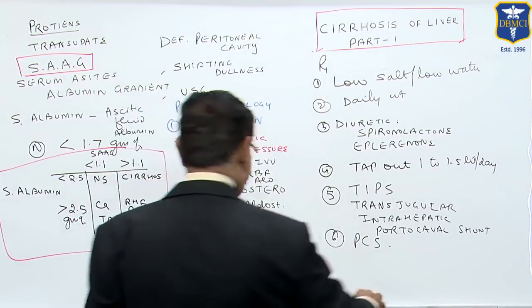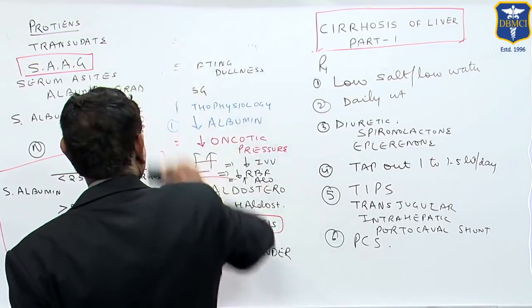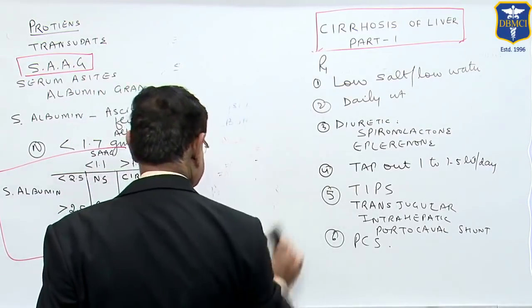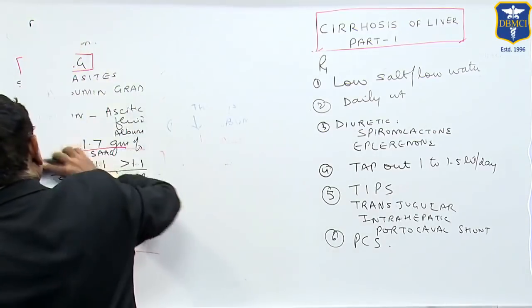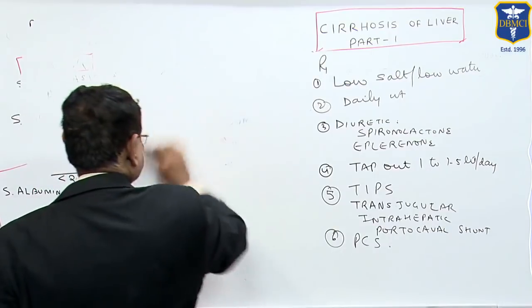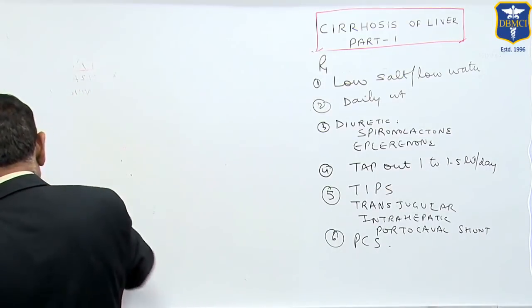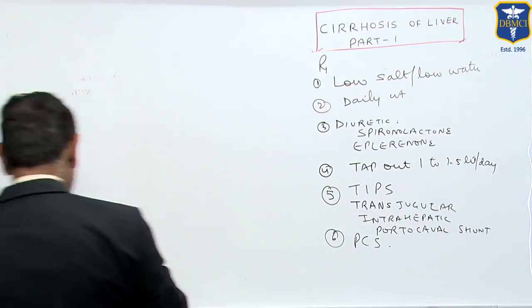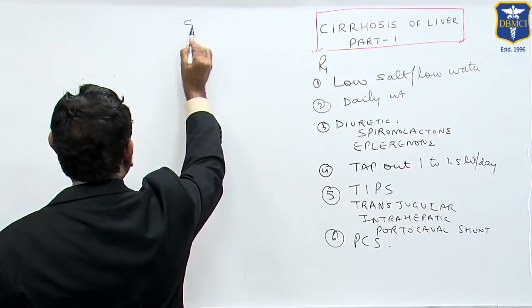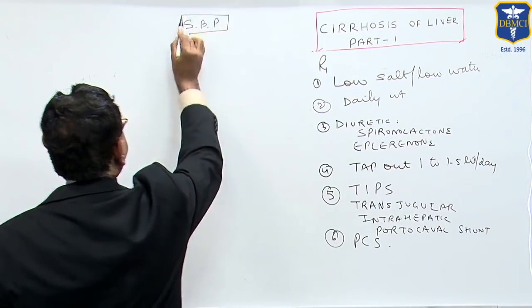Now, what problem can happen in ascites? One important problem that can happen in ascites is spontaneous bacterial peritonitis.